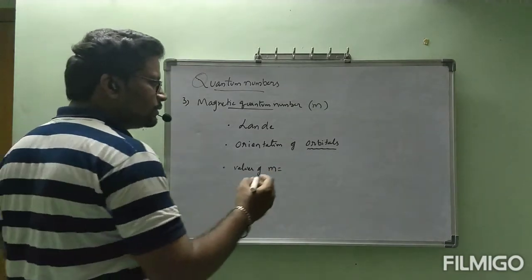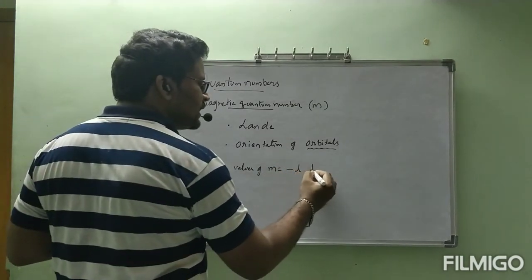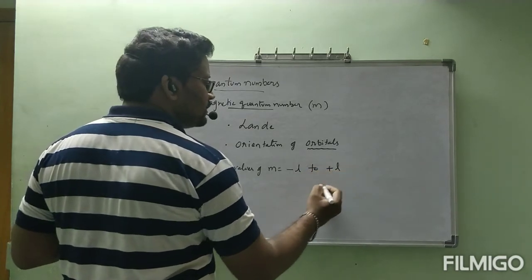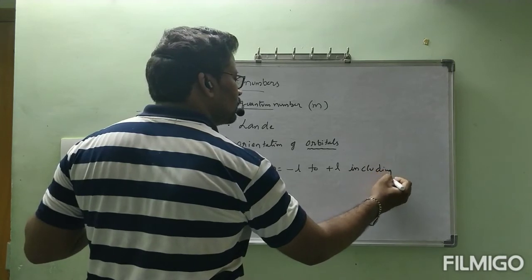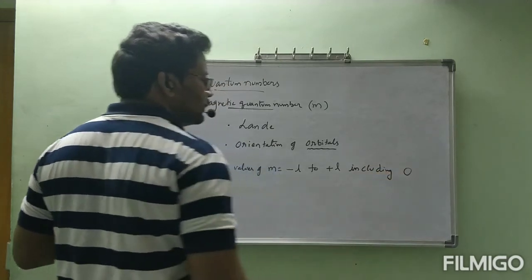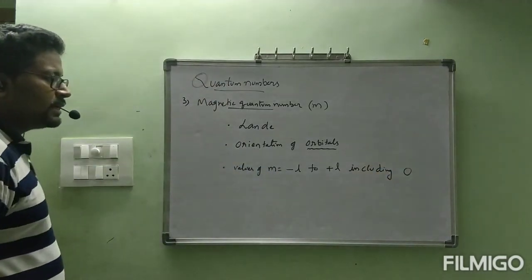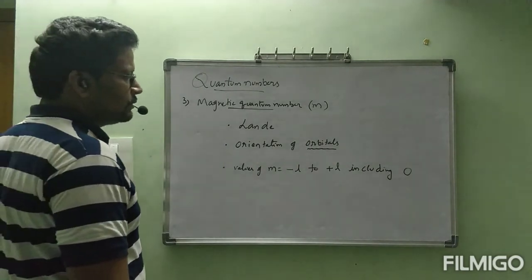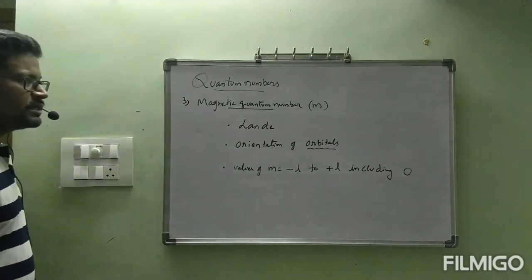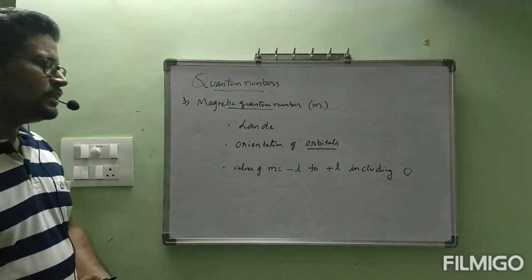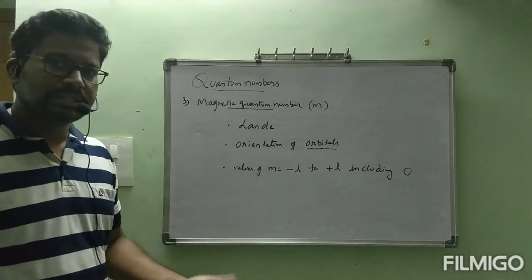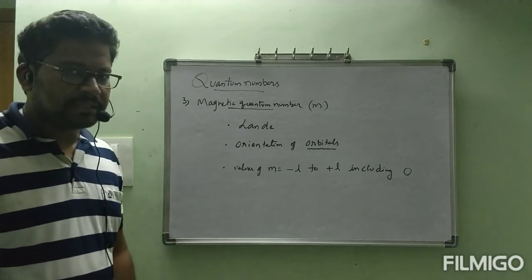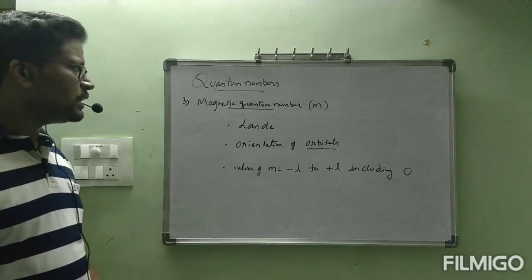Values of m are from minus l to plus l including 0. This is the information about the magnetic quantum number, and how these values relate to orbitals we will see by taking examples. Before that, note down all these things.